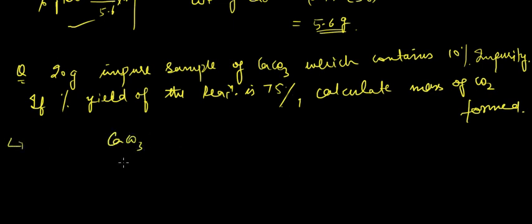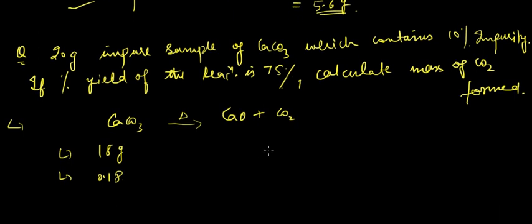So we have CaCO3, which on heating decomposes into CaO plus CO2, and we have 20 grams of impure sample which contains 10% impurity. Hence the mass which would be used for CaCO3 would be 18 grams. Okay, so 18 grams would be 0.18 moles.